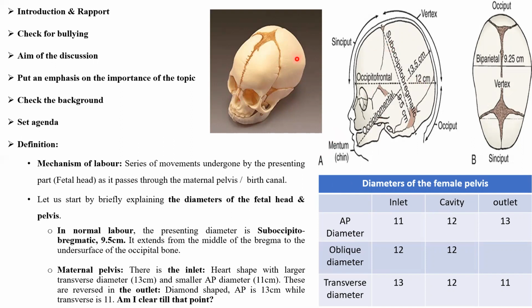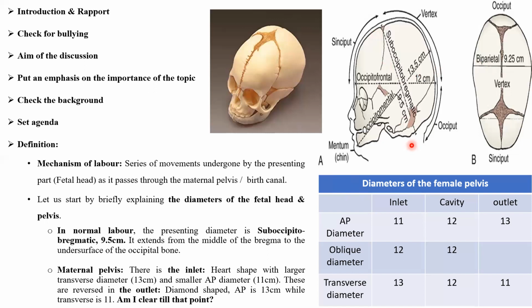So the fetal head here, it will have an anterior fontanelle, it is called the bregma, and another posterior fontanelle, it is called the lambda. Okay. So there are some transverse diameters and some longitudinal diameters. The most important transverse and the largest transverse diameter of the head is the biparietal diameter.